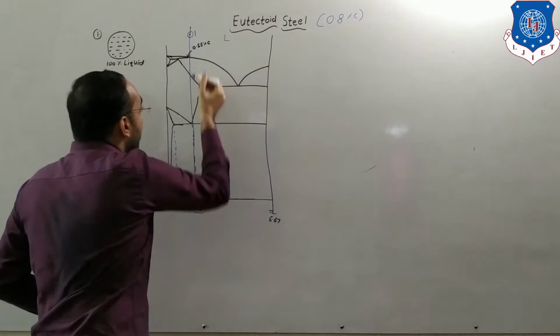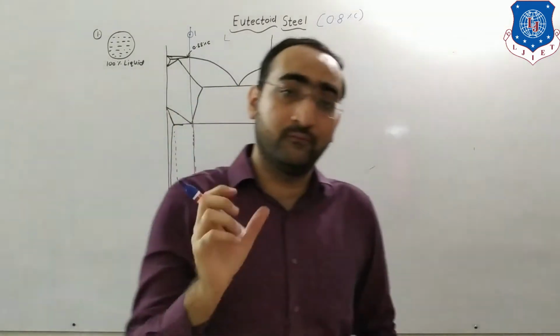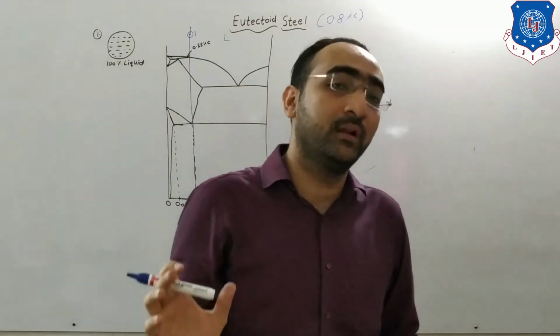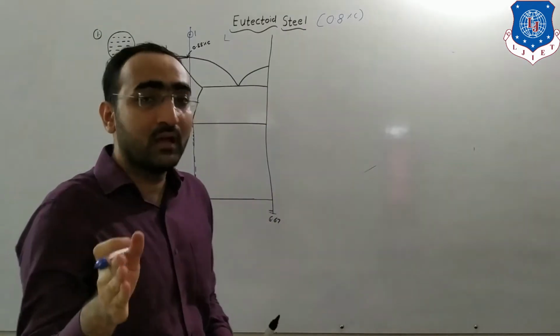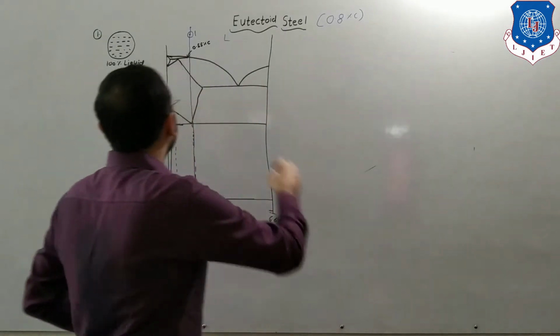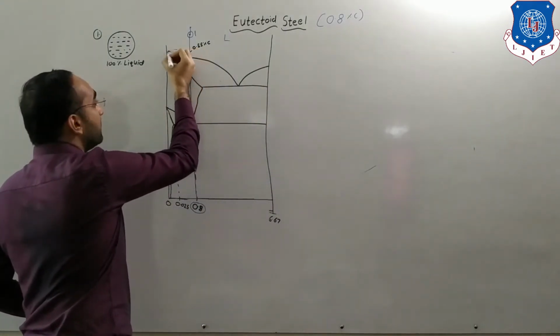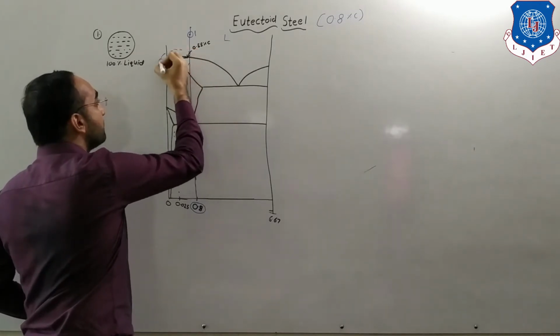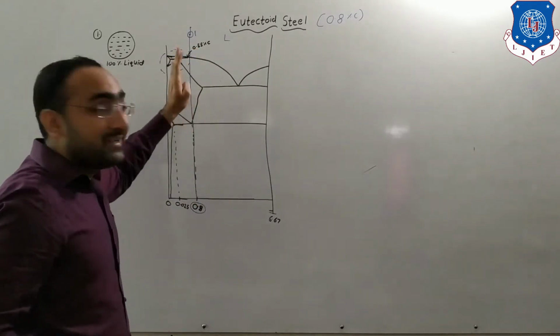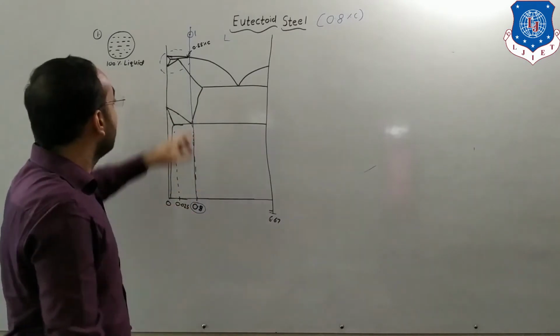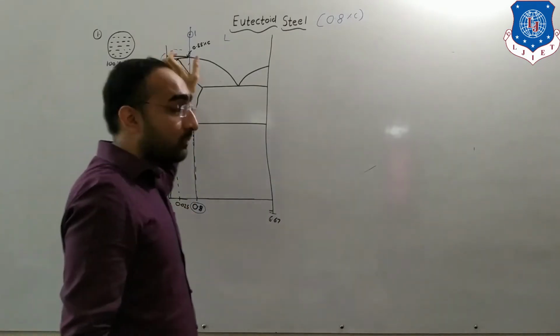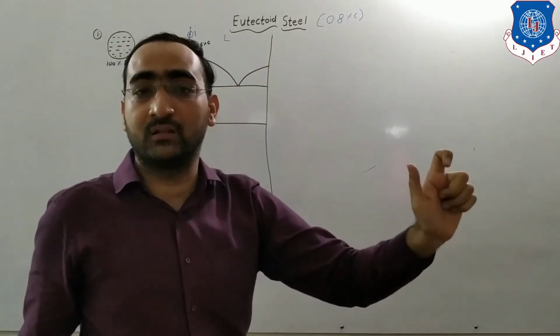Now, before moving down, let us see one important thing. Whenever we are going for the solidification, we will not be taking this particular thing into consideration, because while showing this region enlarged, we are drawing it larger.